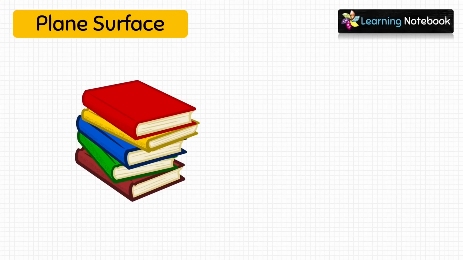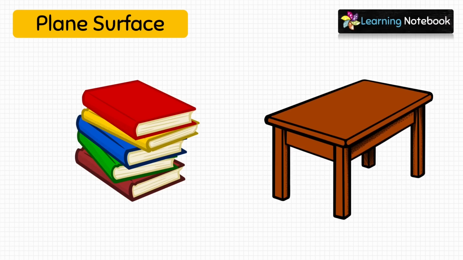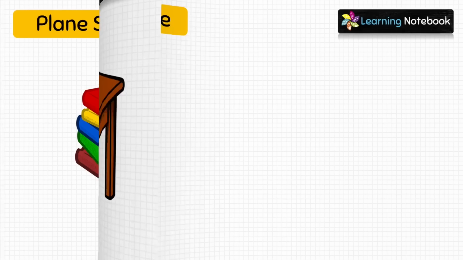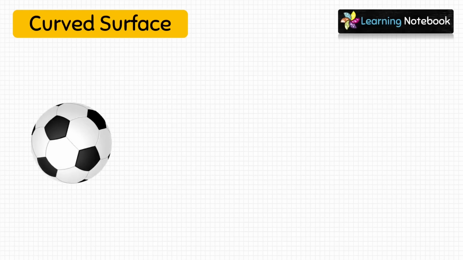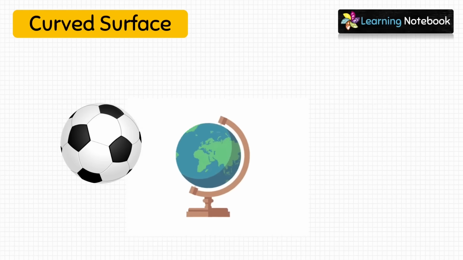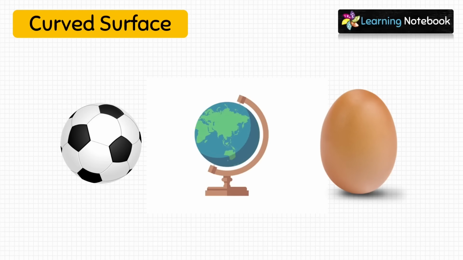Now look at these books. These books have plane surface, or we can say flat surface. Similarly, look at the top of this desk. It also has plane surface. Now students, look at this football, globe and an egg.